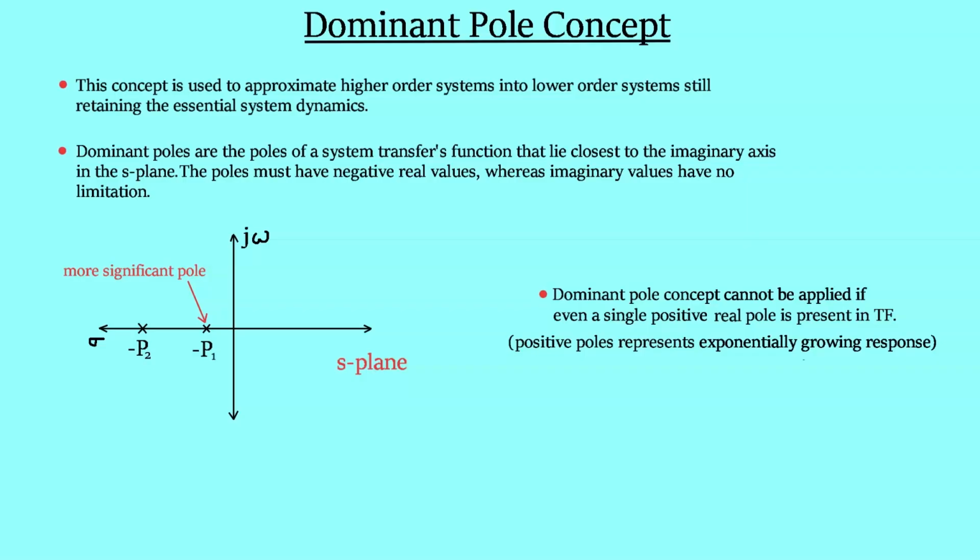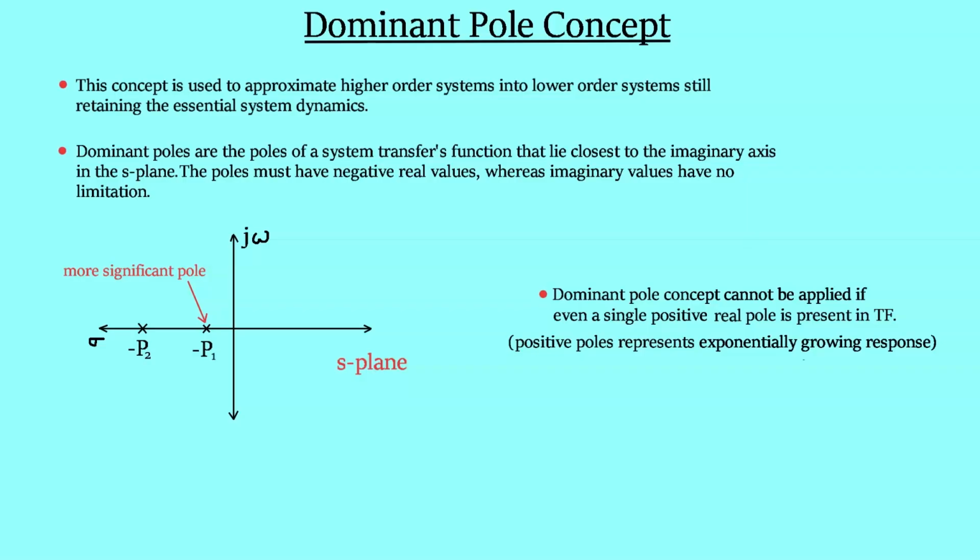The negative poles represent exponentially decaying functions, whereas poles with positive real values represent exponentially growing responses. If a pole is positive, then the system will grow exponentially rather than decaying, causing the system to be unstable, and as such, we cannot apply the dominant pole concept in these situations.